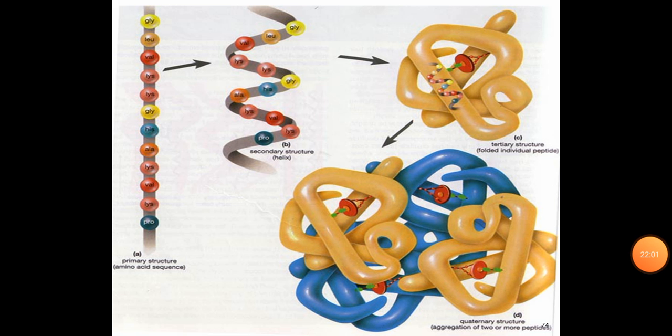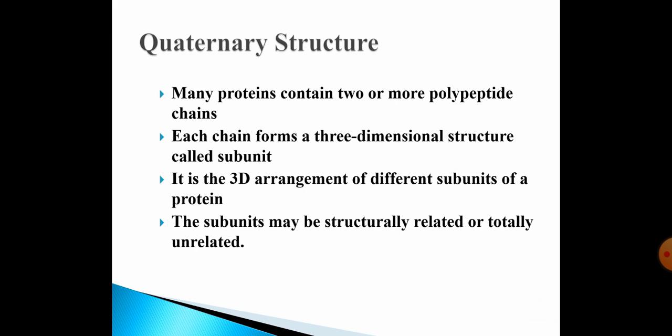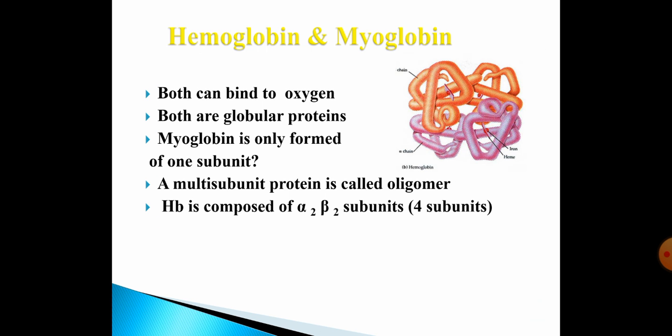This shows the hemoglobin structure and how its subunits are used to do the function. Quaternary structure: many proteins contain two or more polypeptide chains. Each chain forms a three-dimensional structure called a subunit. It's a 3D arrangement of different subunits of the protein. The subunits may be structurally related or totally unrelated.